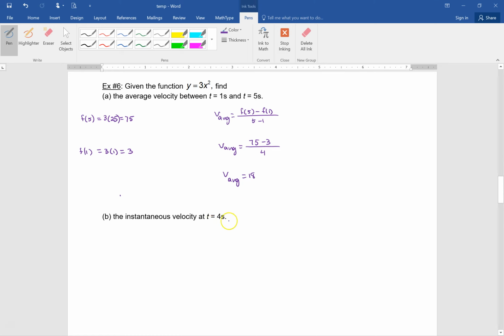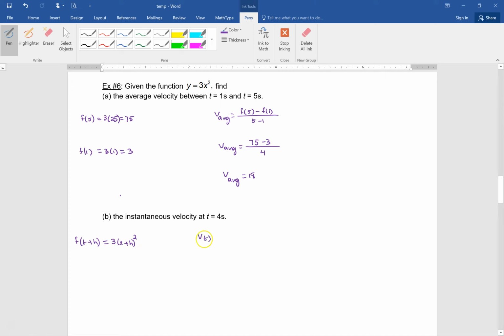Now it wants you to find the instantaneous velocity at 4 seconds. They didn't give you the units for the distance. Now, the instantaneous velocity at 4 seconds means I need f of t plus h. So that's 3 times x plus h squared.